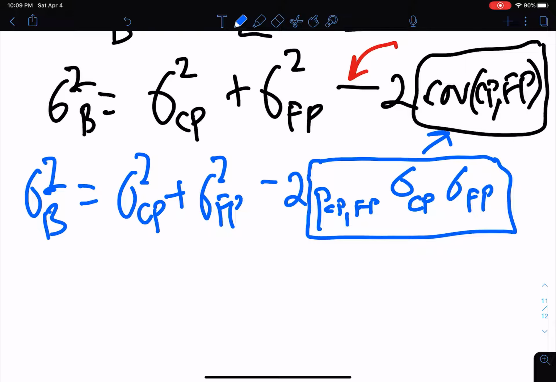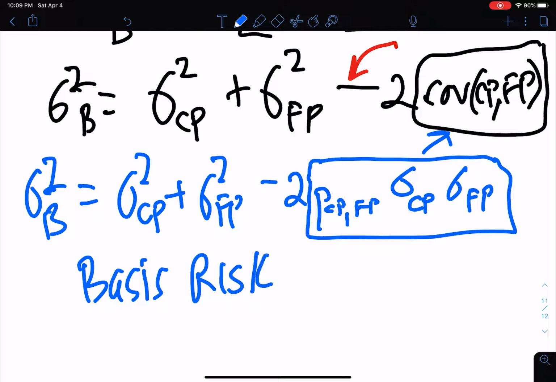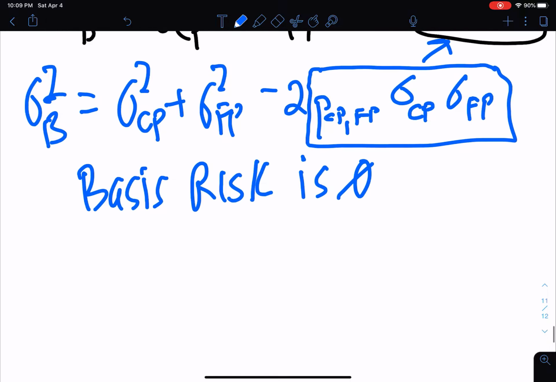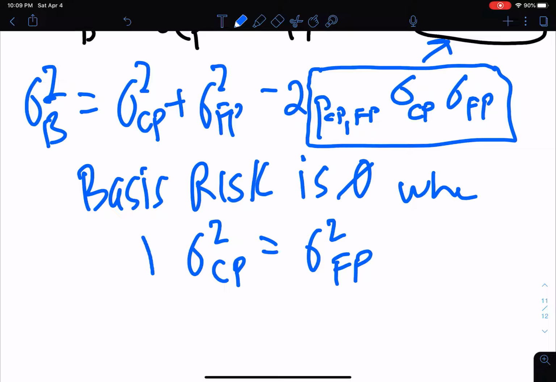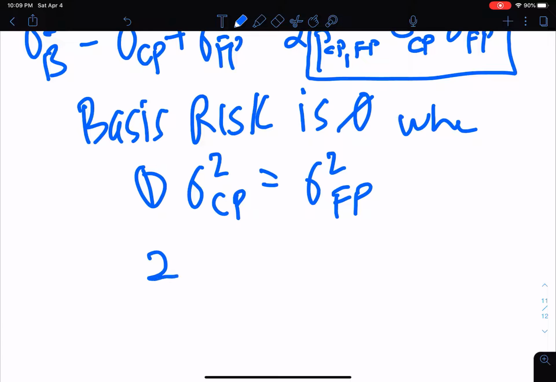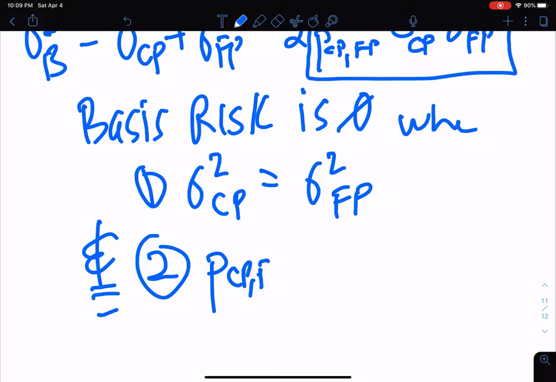So this equation shows us that basis risk would be 0 when the variance of the cash price equals the variance of the futures price, and the correlation coefficient between the cash price and the futures price is equal to 1.